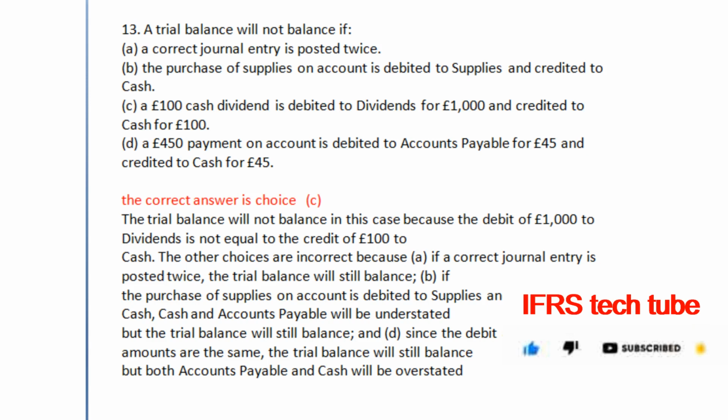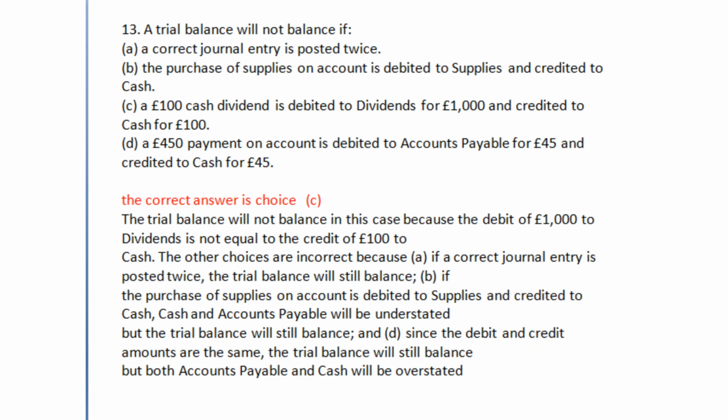B. If the purchase of supplies on account is debited to supplies and credited to cash, cash and accounts payable will be understated, but the trial balance will still balance. And D. since the debit and credit amounts are the same, the trial balance will still balance, but both accounts payable and cash will be overstated.